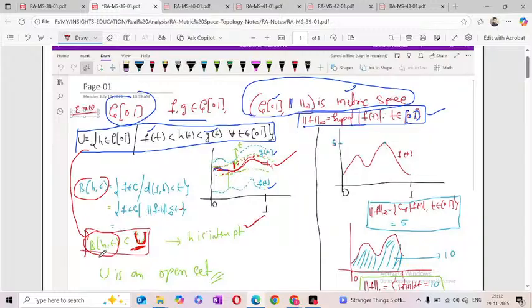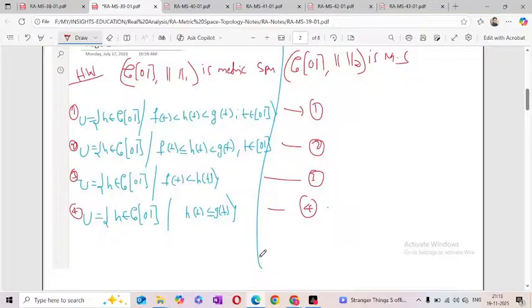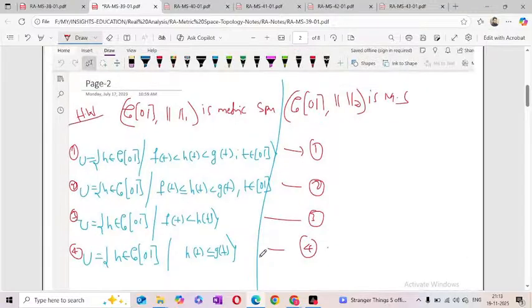That means each and every point is an interior point of U. So U is an open set. That is the conclusion. Now I am giving homework for you to practice the problems.